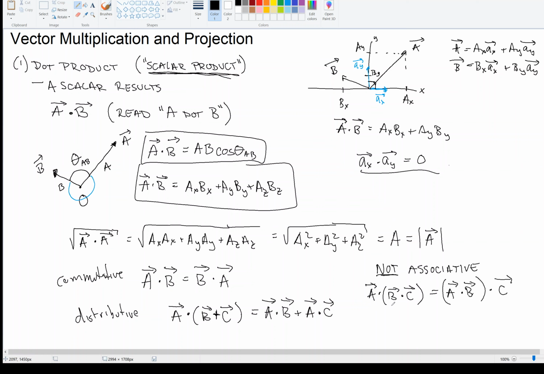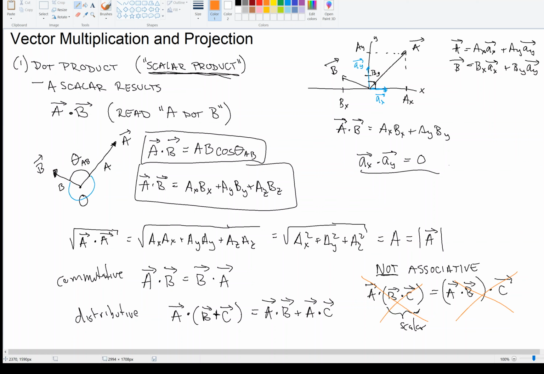So in here is a scalar, and dotting A with a scalar doesn't even make sense. So no, we're not going to do that. This is garbage. That's why it's not associative.